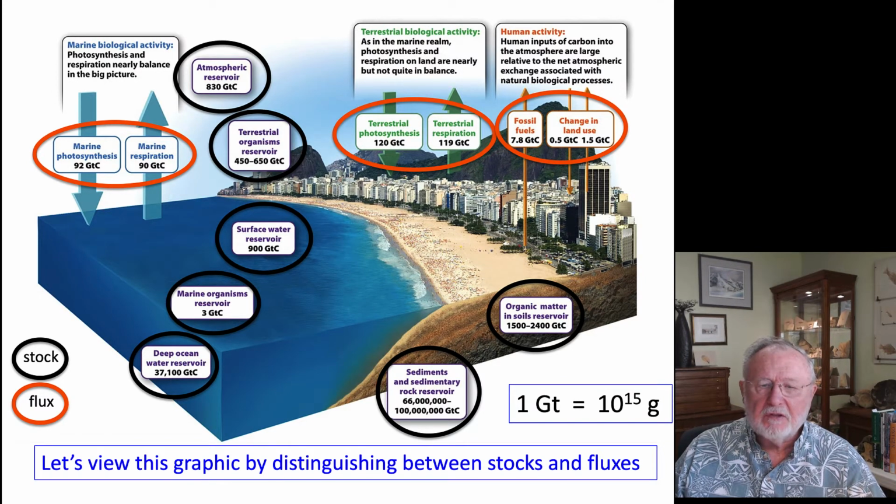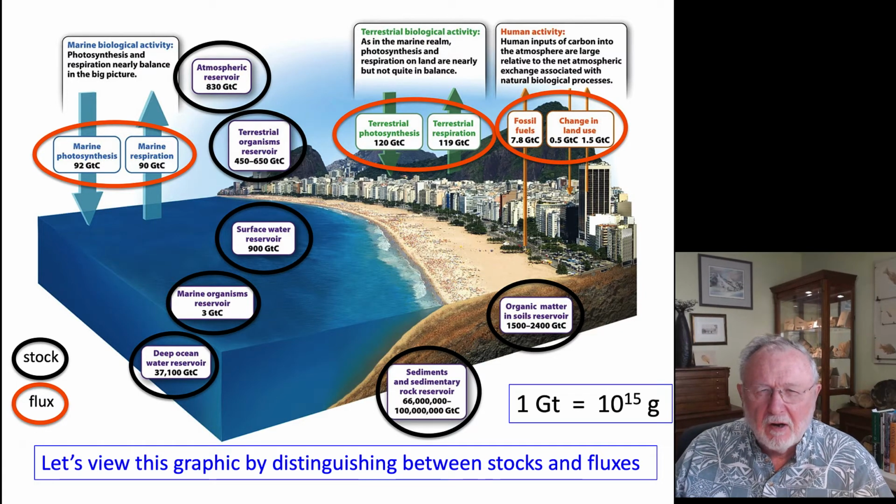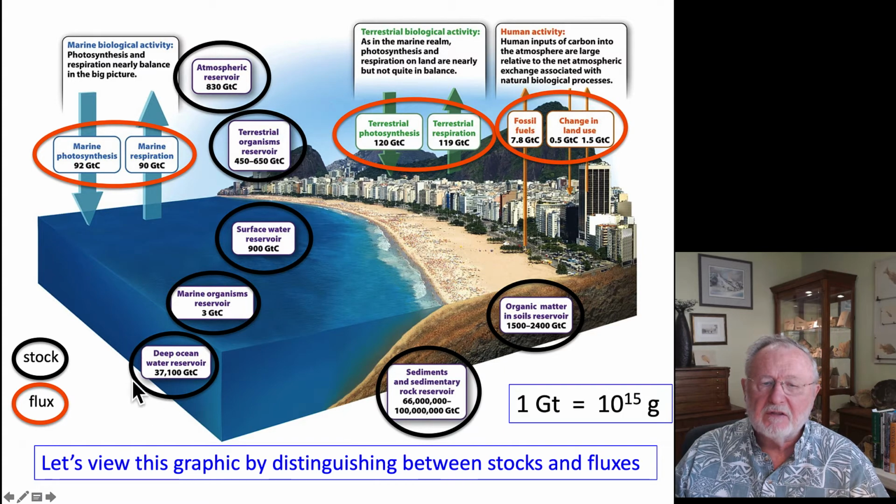What I want you to see is that most of the carbon on the surface of our planet is associated with stocks. Most of it sits in sedimentary rock and sediments, followed by the amount that's sitting in the deep ocean.